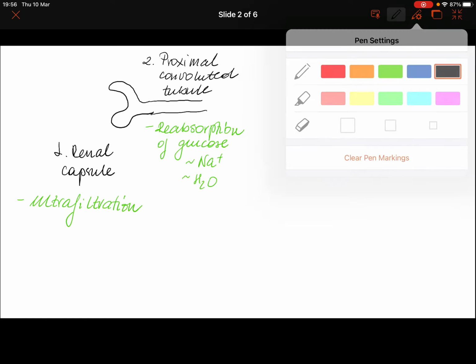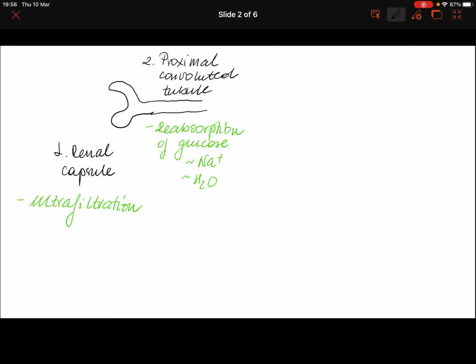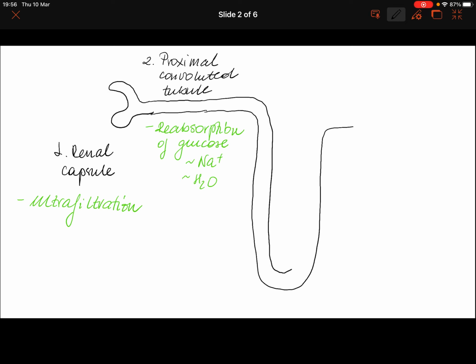Following the proximal convoluted tubule, we've got the next part of the nephron, which is called the loop of Henle. So that's the third section here, loop of Henle.